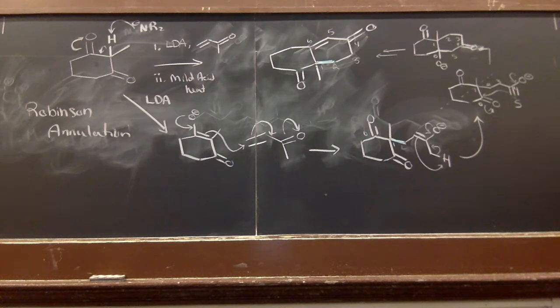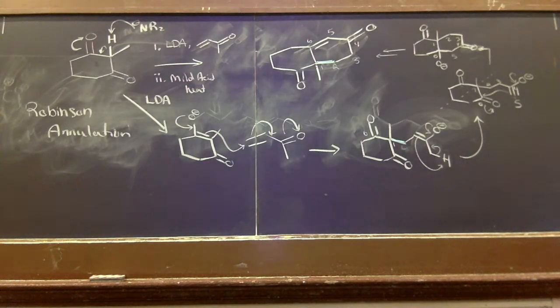There are a lot of compounds that are terpene-derived compounds that people have used this starting material to synthesize. So I'll show a few. And then I'll make a point because I'll transition very briefly to enamine chemistry.